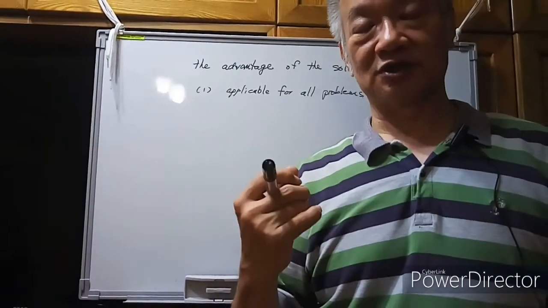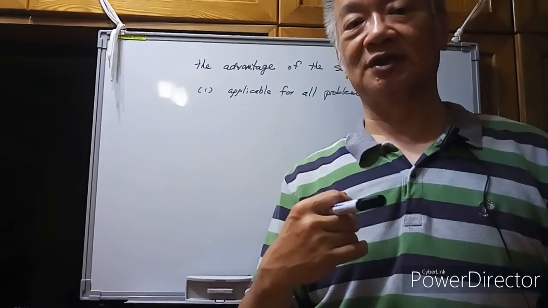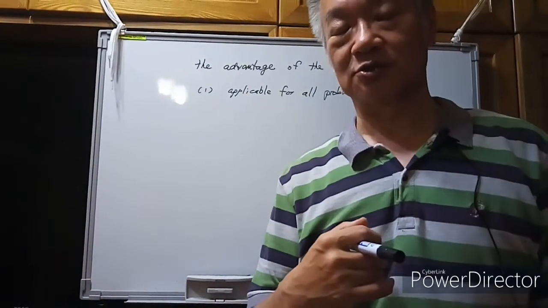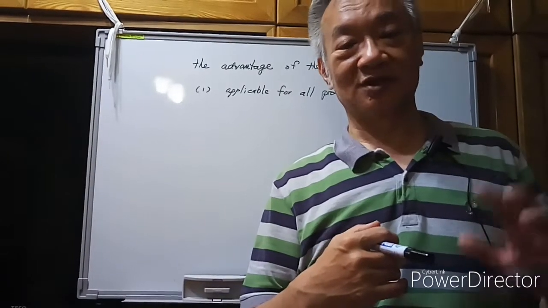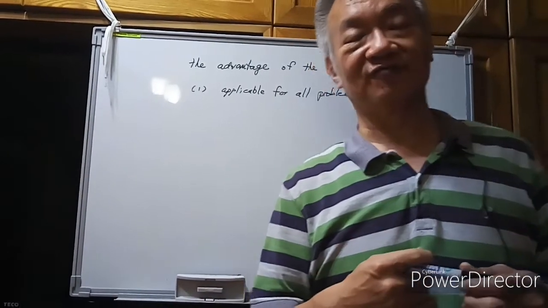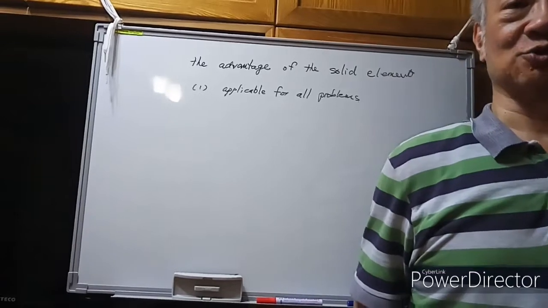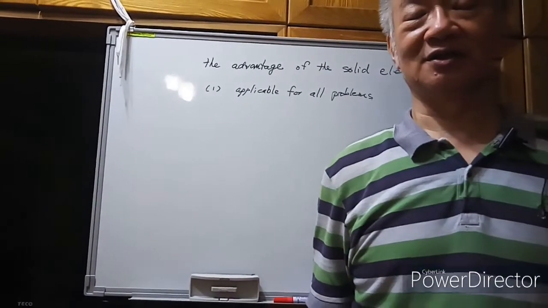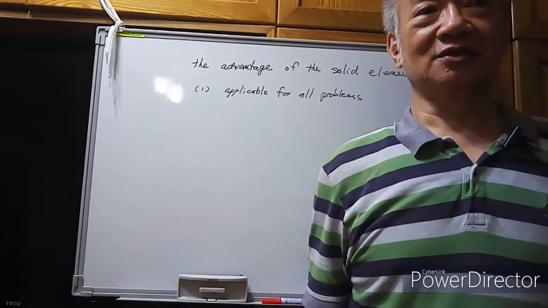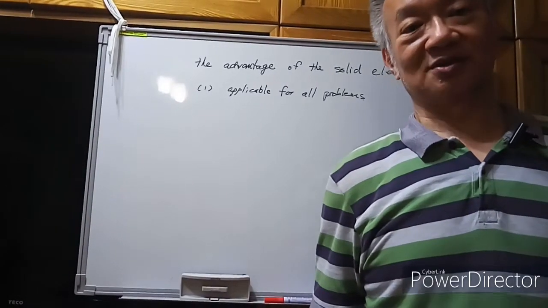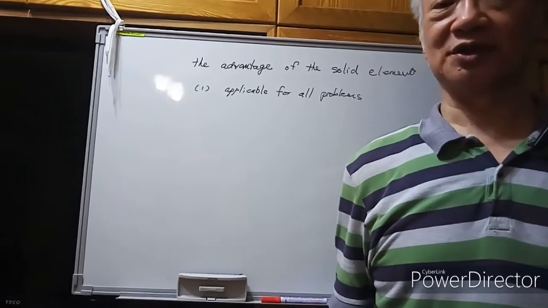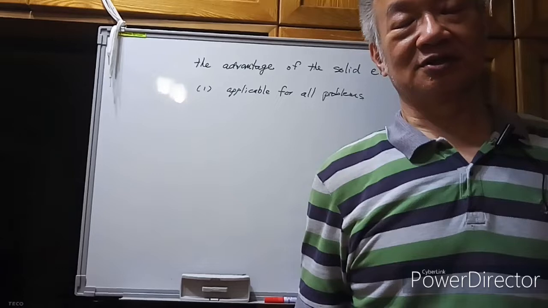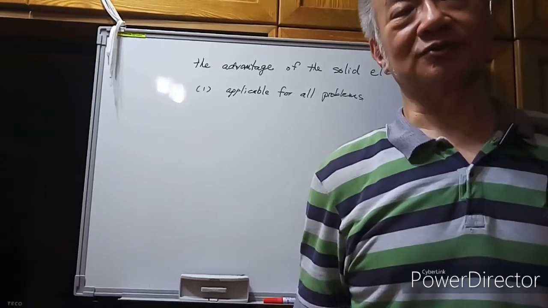So especially in mechanical engineering, they always use solid structures. They do not use very often, for example, plane stress, plate bending, such kinds of structural models. Most of the time, they just use the solid element and solid structural models.